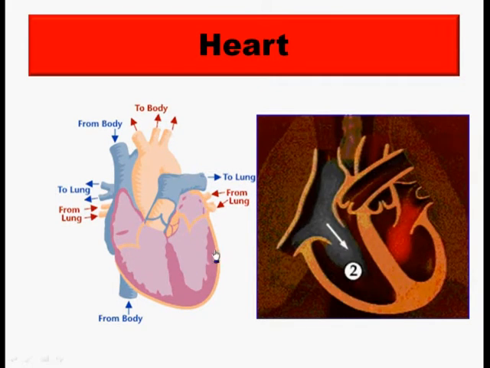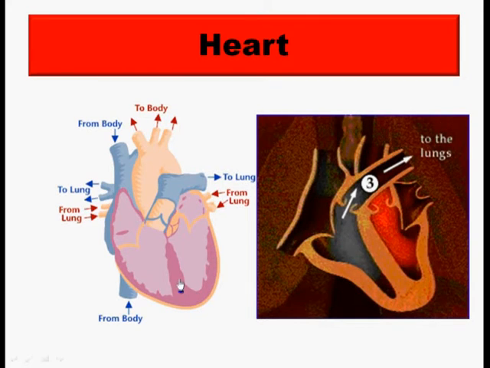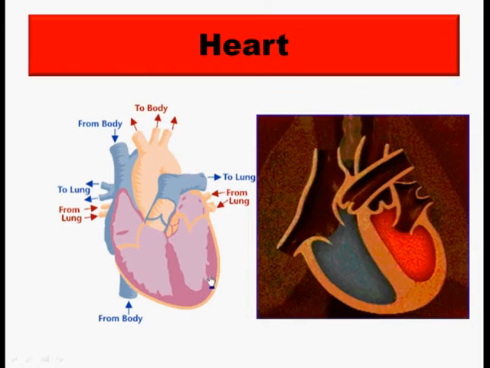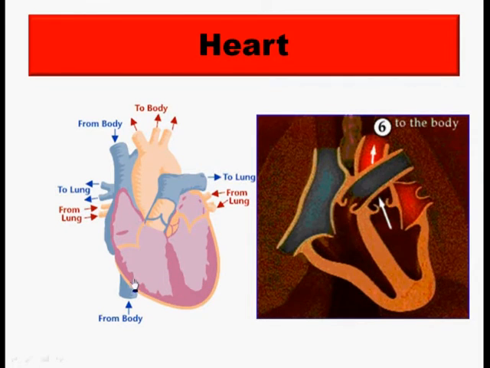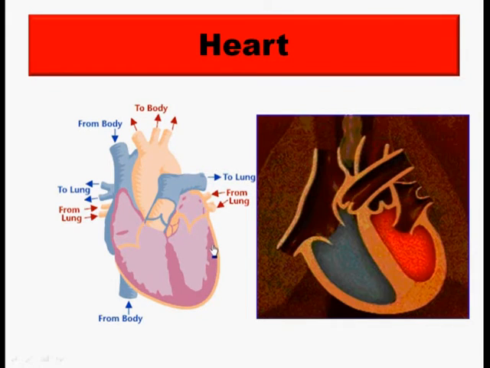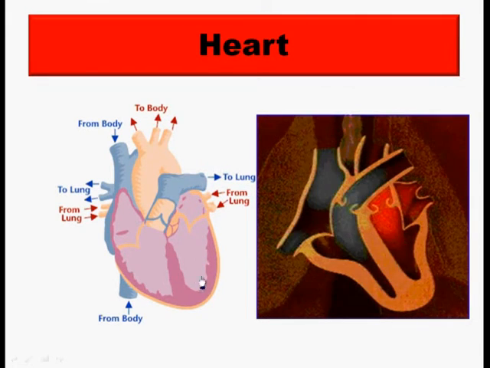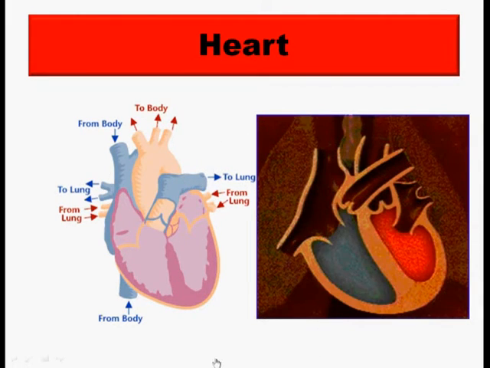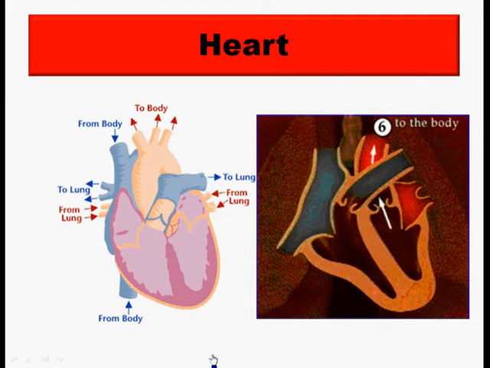Ventricle. Now, this side of the heart, the left ventricle, has a much thicker muscle than the right ventricle right here. Now, there's a reason for that. This side of the heart, the left side of the heart, is what pumps blood all the way around the what?